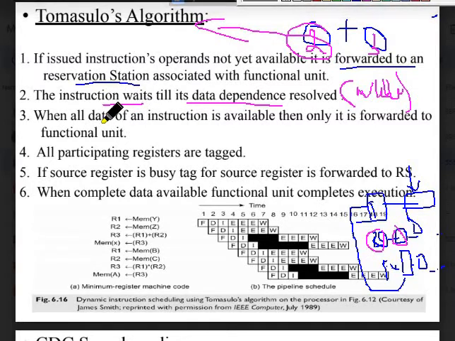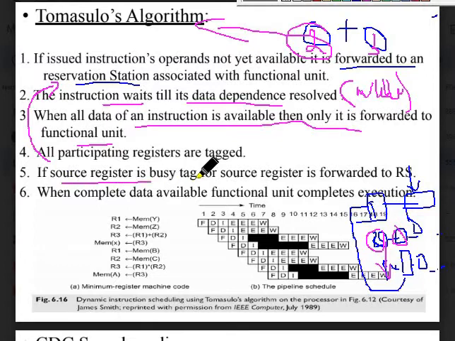So when all the data of the instruction is available, only then forward it to the functional unit. If all data is available, forward it to the functional unit. If not, keep it in the reservation station for a long time.